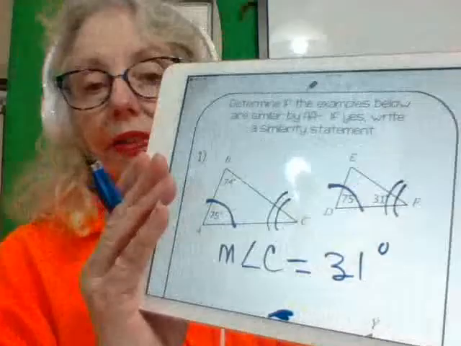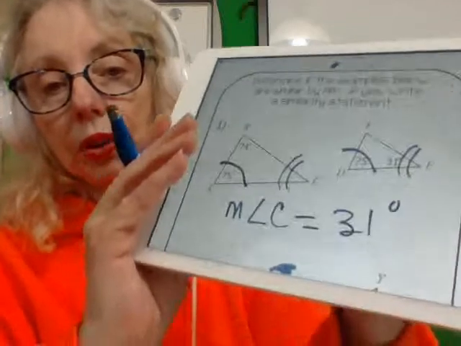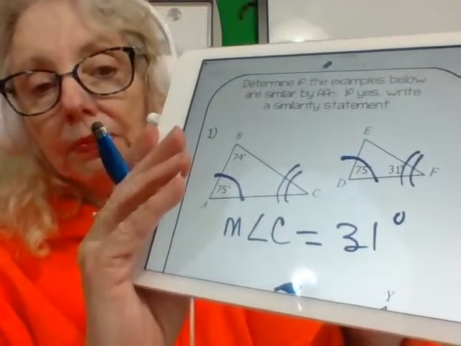Therefore, C is congruent to F. So we have two congruent angle pairs, so therefore, these two triangles are similar. And we'll write it as angle, angle similarity.